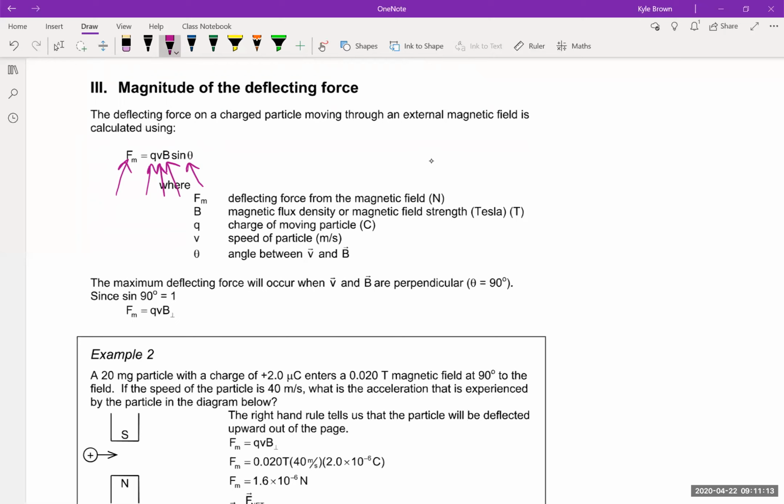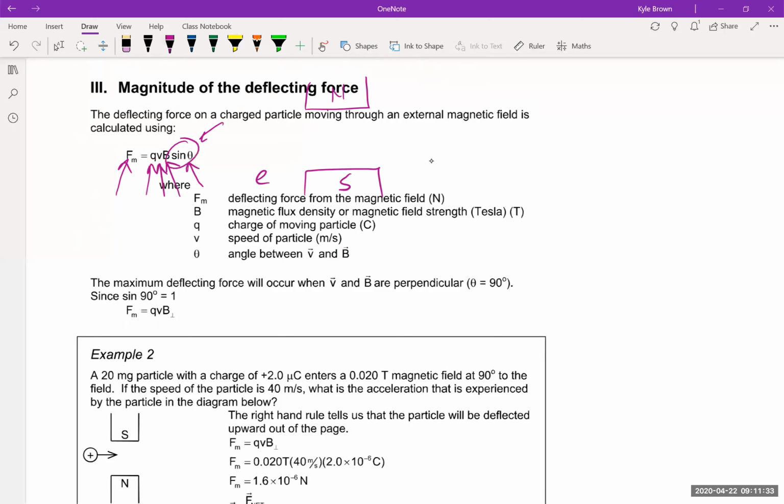What that is, if you've got a charged particle, let's say an electron, moving between some magnetic field here, this charged particle can come in on an angle, right? And if it comes in on an angle, we're going to have to deal with our angle part of it.